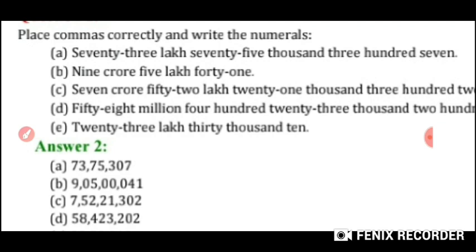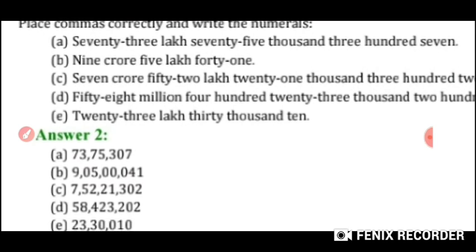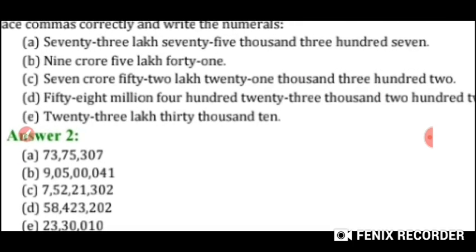Then B, 9 crore 5 lakh 41. Then 9 comma 05 comma 00 comma 041. Then C, 7 crore 52 lakh 21,302.